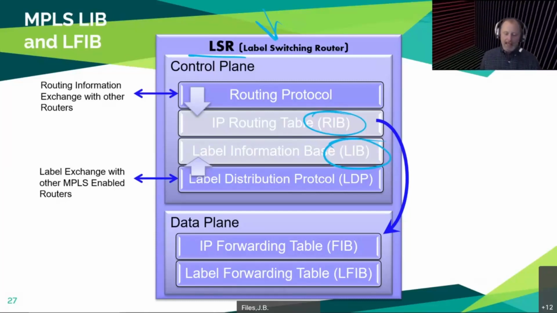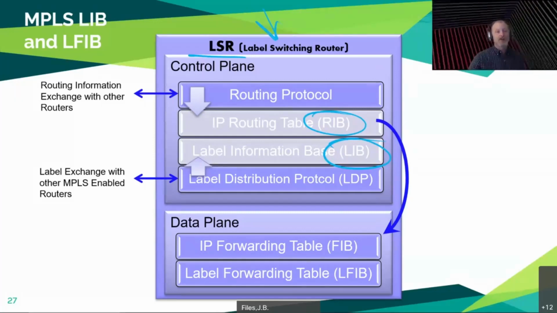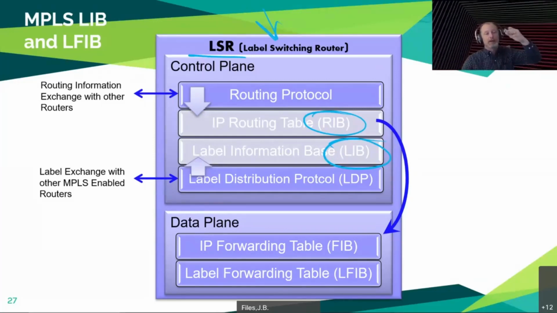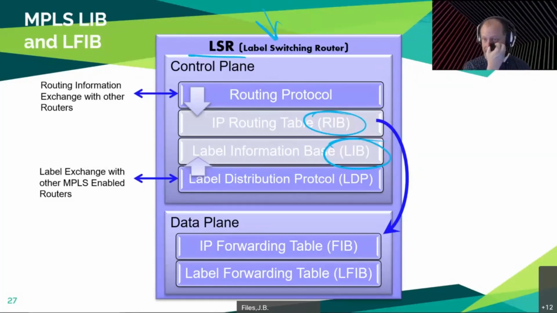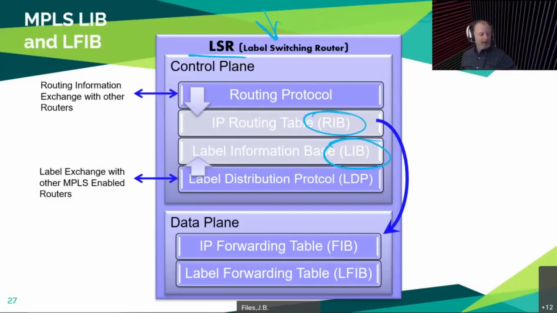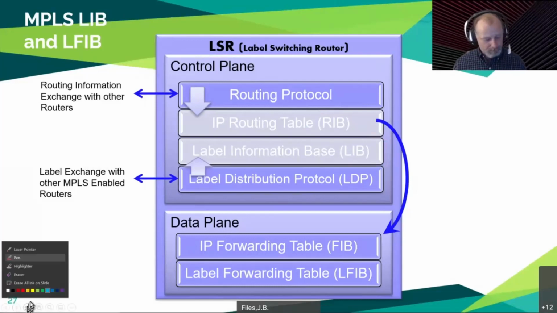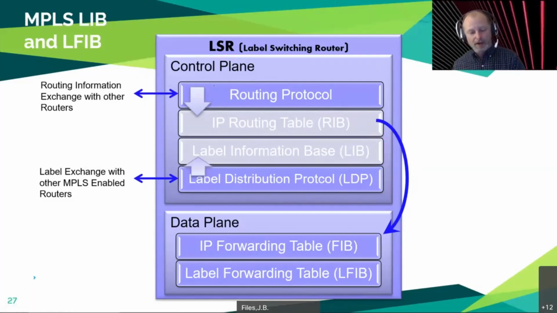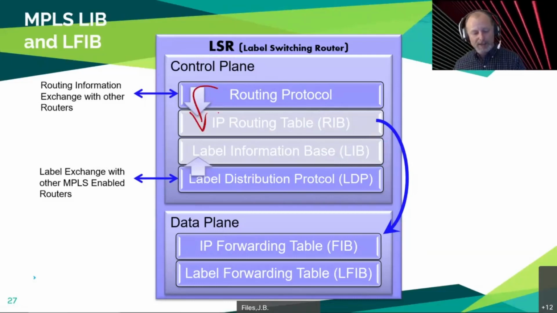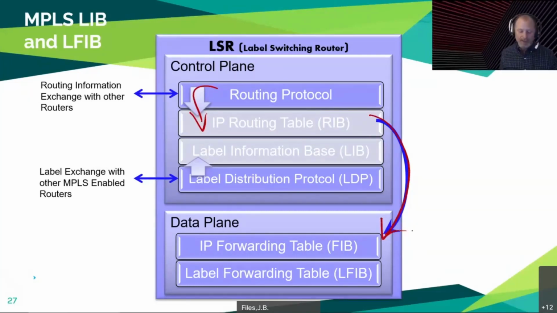The routing table is pushed down into the forwarding information base, so it goes from the control plane, which is CPU, to the data plane, which is specialized hardware, not general purpose like a CPU. So the routing protocol populates the routing table, which then populates the forwarding table.